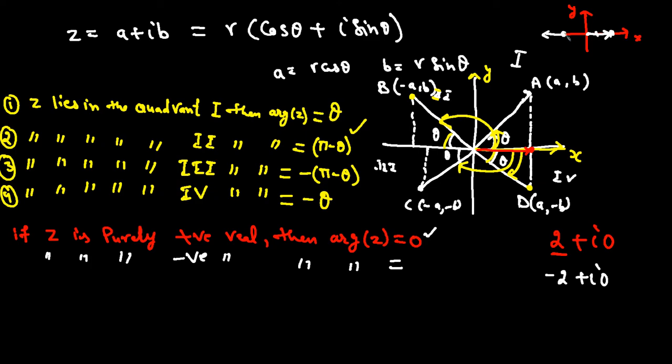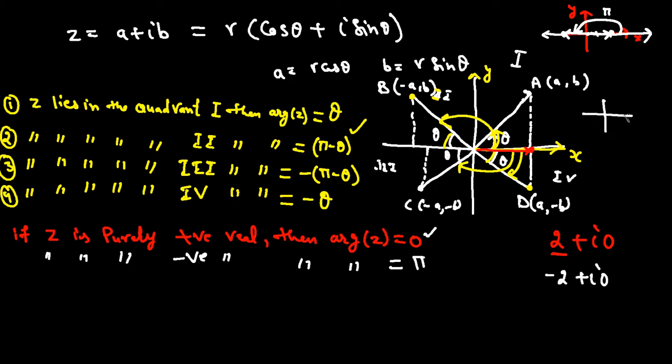So let's say it is here, then this is my vector here, and the positive x-axis is this side here. So the angle between the positive x-axis and the vector is going to be pi. Make sense? Okay.